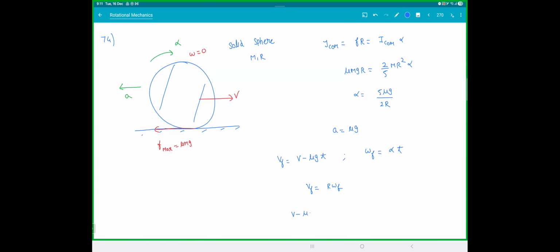So V minus mu g t equals 5 mu g by 2R into R t. We get t equals 2V by 7 mu g. This is how you do it with friction.